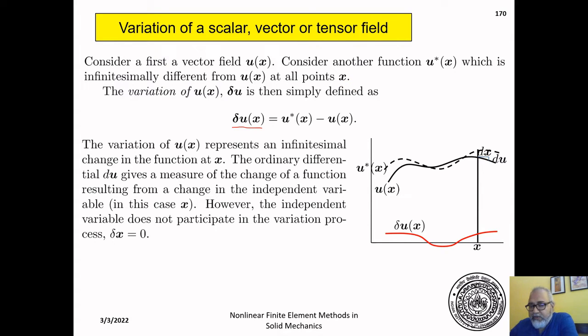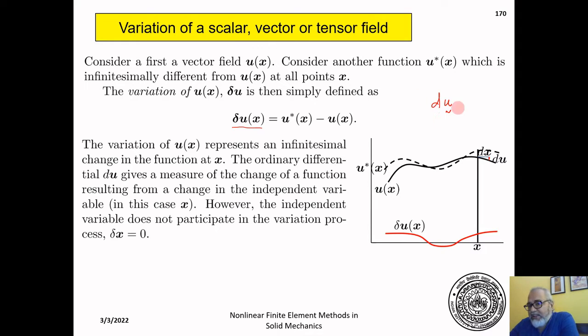Now this is different from du, which represents a change in the functional value as you change dx. If you change dx, du is the change in the functional value. That is the ordinary differential that you already know about. Contrary to that, the variation is itself a function.